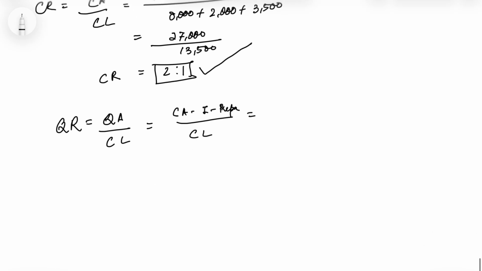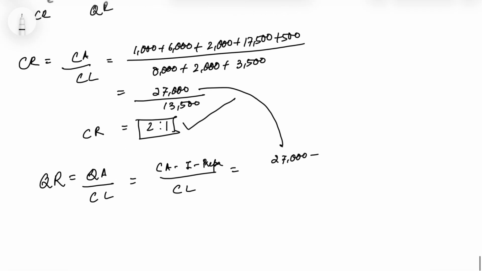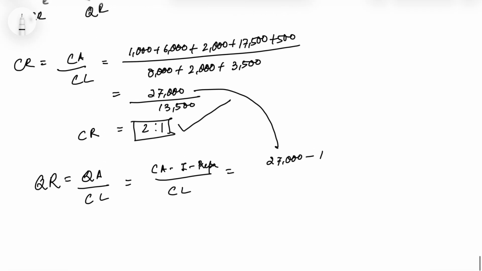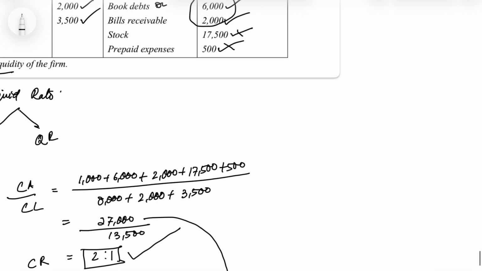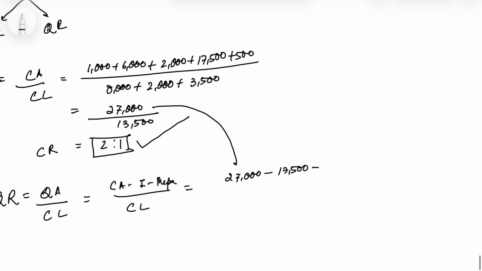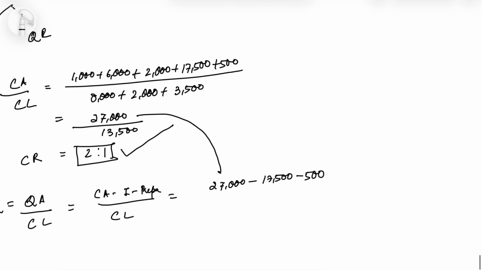The total of current assets is 27,000, minus stock 17,500, minus prepaid expenses 500, divided by current liability.